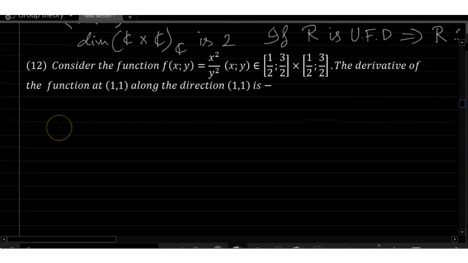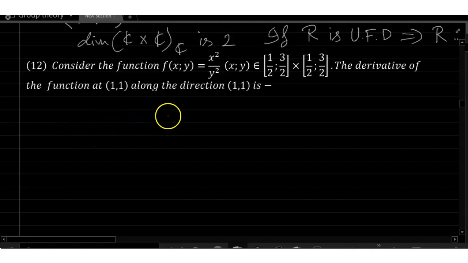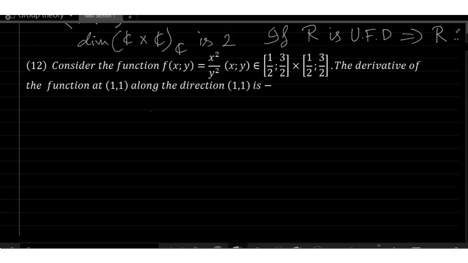Now friends, consider the function f(x, y) equals x square by y square, where (x, y) belongs to (1 by 2, 3 by 2), and the derivative of the function at (1, 1) along the direction (1, 1) is. So friends, I have to solve a directional derivative problem.